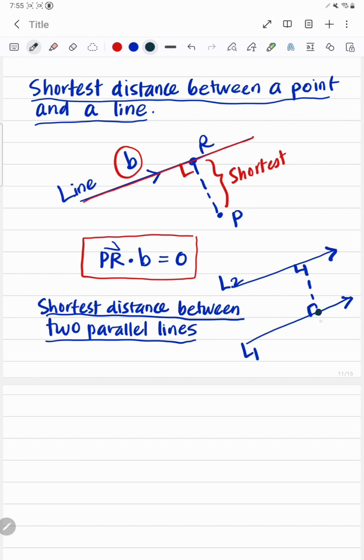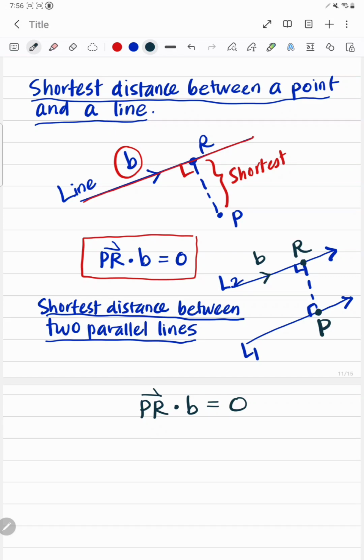That means we need a fixed point P, and point P is known, and we want a point R so that PR is perpendicular to the direction of line 2, and we would use the same formula. Vector PR dot B must be 0 in order to find the shortest distance here.